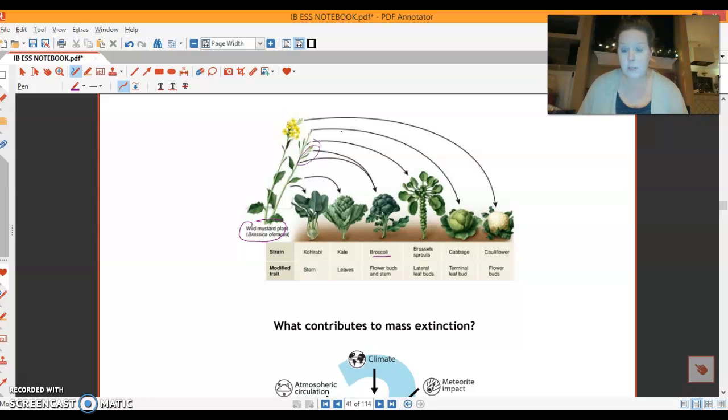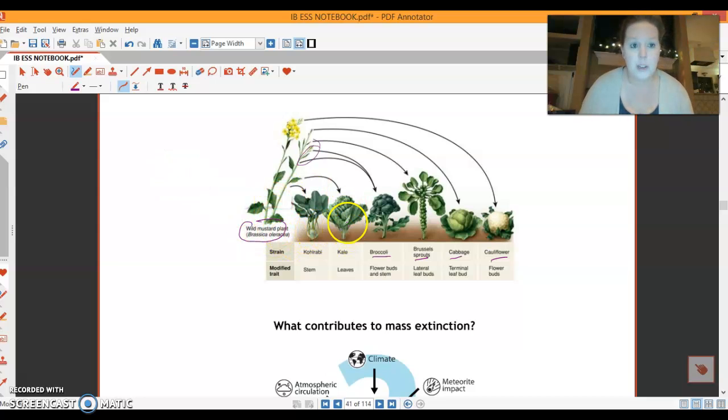So they would find these mustard plants that had a lot of the buds and the stems, and they would specifically combine those two plants together, and it would allow this particular trait to be more predominant. They did the same thing with Brussels sprouts, with cabbage, with cauliflower. Now, obviously, this took many generations of growing the plant, but this is a type of evolution. This is human-enhanced evolution because we're breeding for specific traits, but it leads to a variety of species.